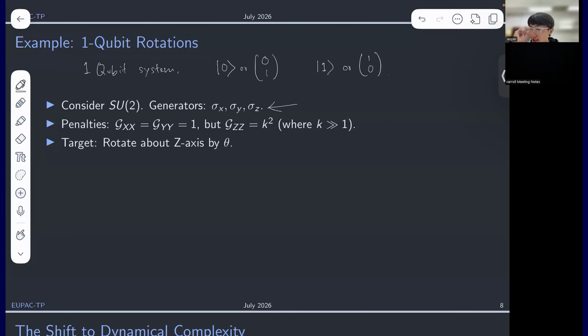So to make it easy, we will define the penalties for the matrix. Here we have defined Zxx and Zyy as 1, and Zzz as k squared, where k is much greater than 1.